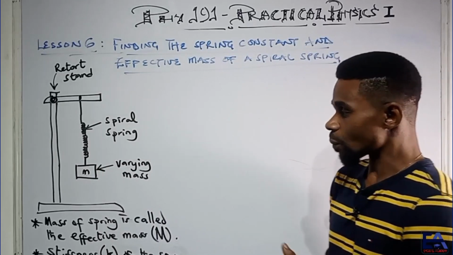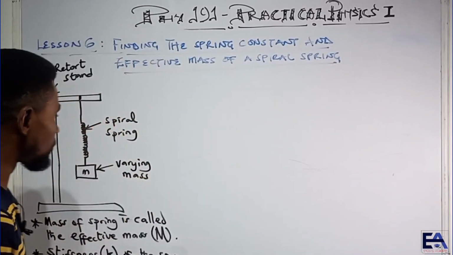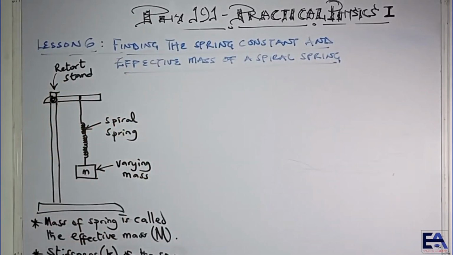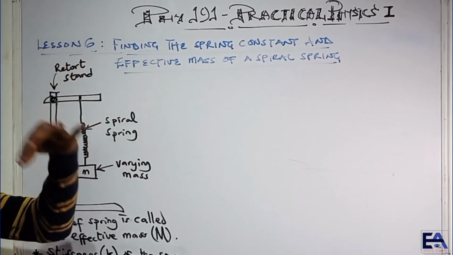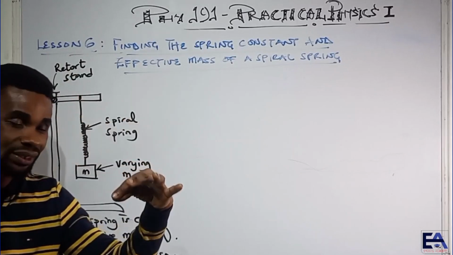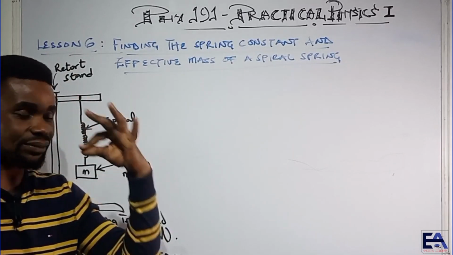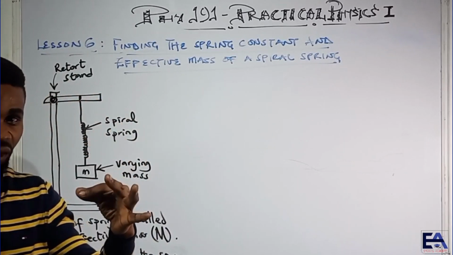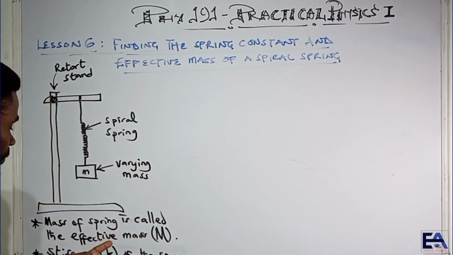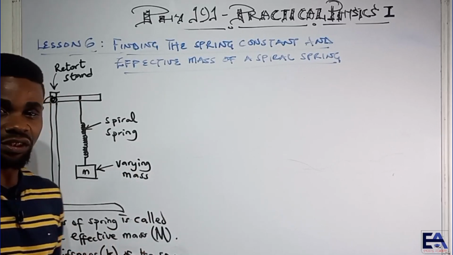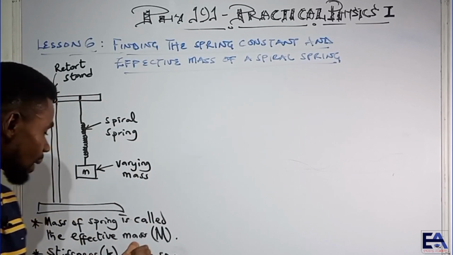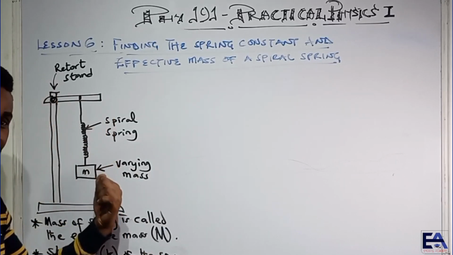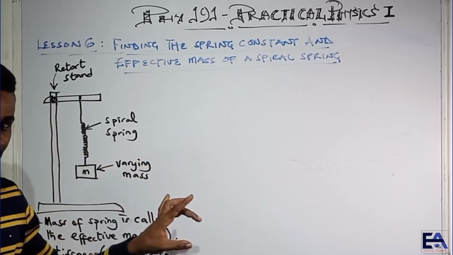The spring itself, without carrying any weight, has a mass of its own. That mass is called the effective mass of the string. The mass of the spring itself is the effective mass, and this other one is the varying mass.